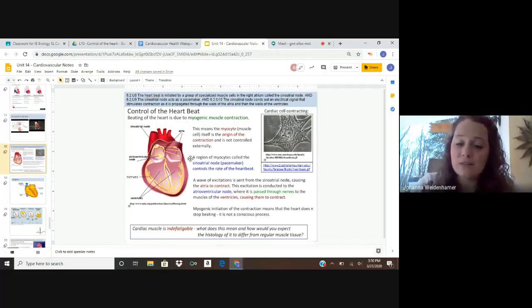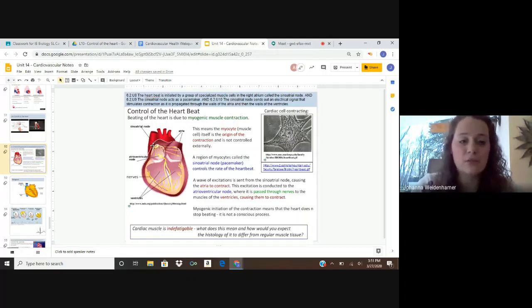A region of myocytes called the sinoatrial node, also known as the pacemaker, is going to control the rate of the heartbeat. So looking at our image here, our right atrium is going to have the SA node, and that SA node is going to allow electrical signals to flow through the two atria and allow both of them to contract.